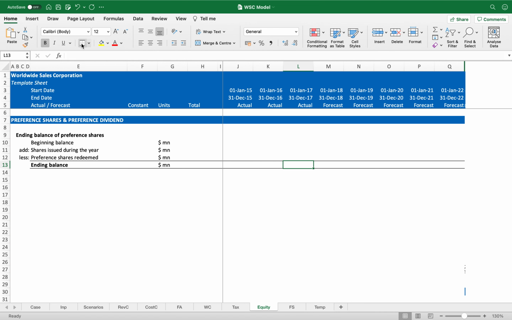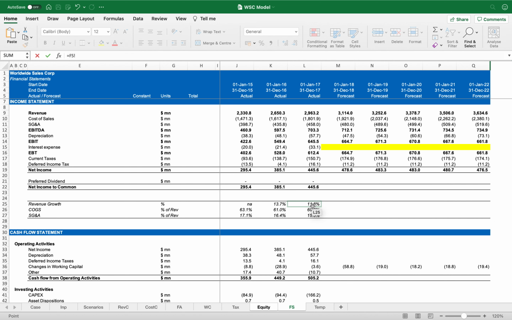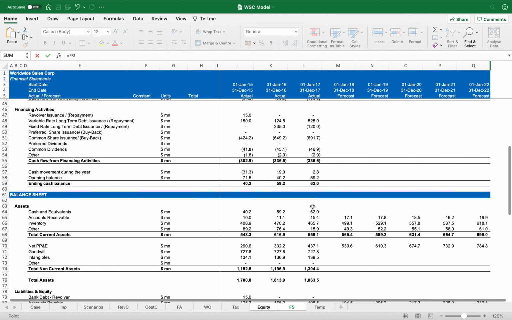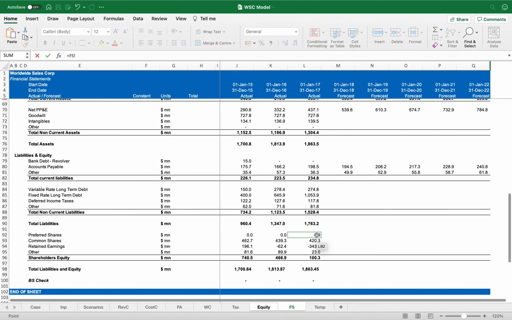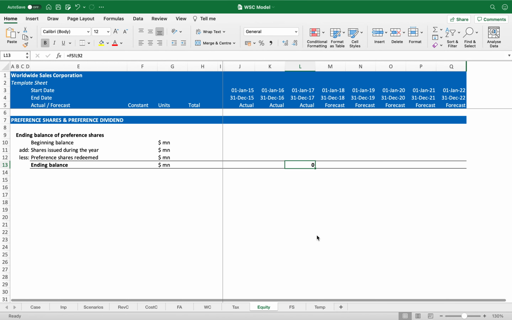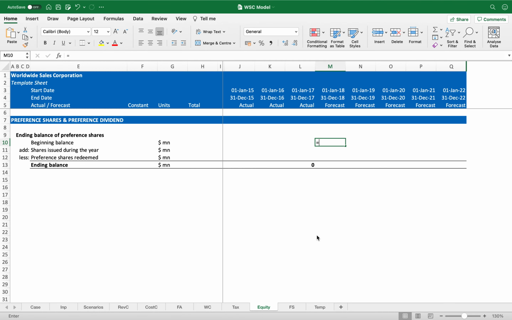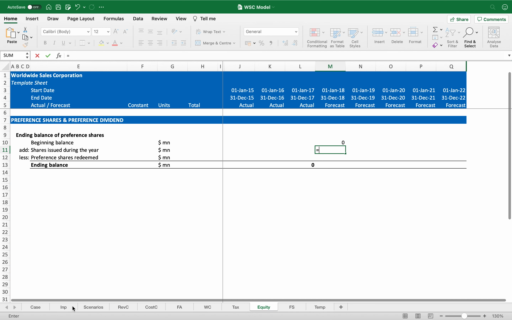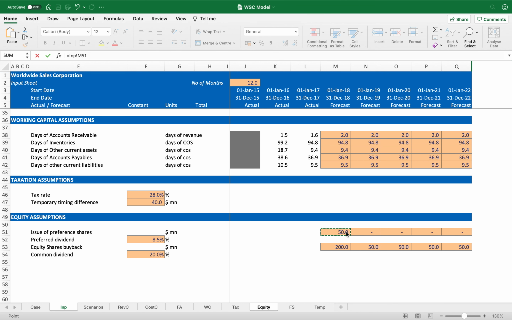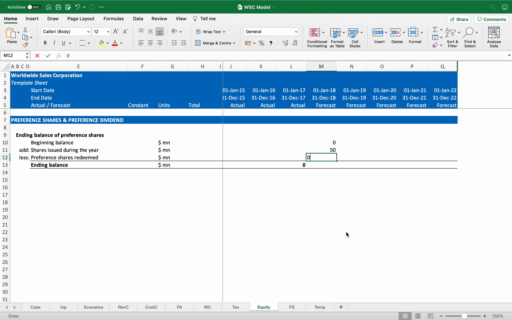So do we have a beginning balance, an ending balance for 2017? Let's link it from the financial statements. So preference shares, it is 0. So if it is 0, then the beginning balance next year will also be 0. So I can link the beginning balance to the closing balance of the previous year. Shares issued during the year, I have it from my input sheet. Preference shares redeemed, it's 0. You can just enter 0, and the formula is beginning plus issued minus redeemed.